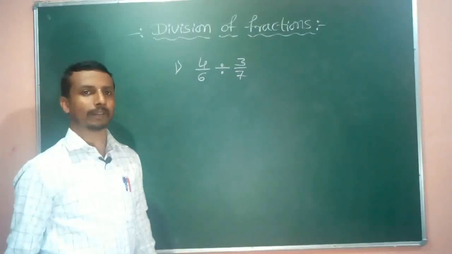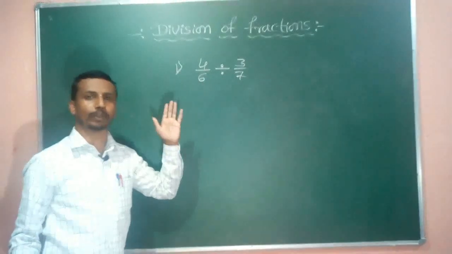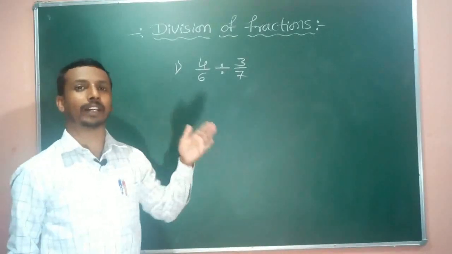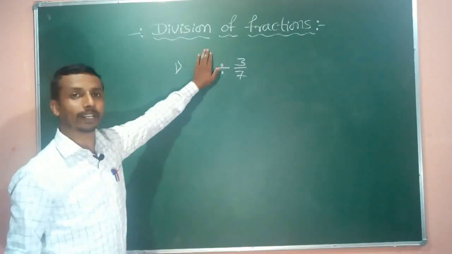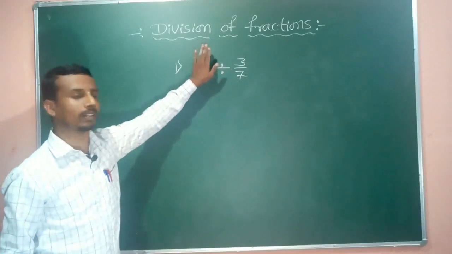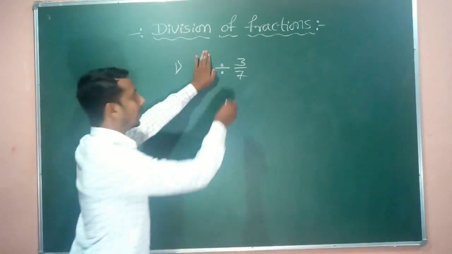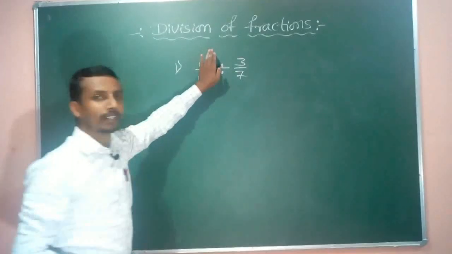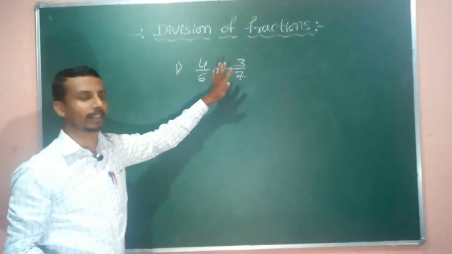In division of fractions we have to remember one rule: the first fraction is written as it is, then write the reciprocal of the second fraction. Always you have to write the reciprocal of the second fraction.